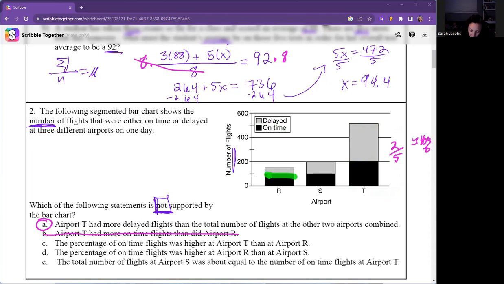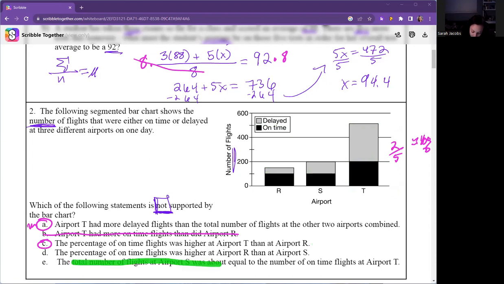This is really unambiguous. The percent of on-time flights at Airport R, almost all of them are on time. So it's certainly more than half. I don't even need to do the calculation there. I know that the percentage here is higher at R. So this is not supported for sure. So this one is maybe not as wrong as I thought.